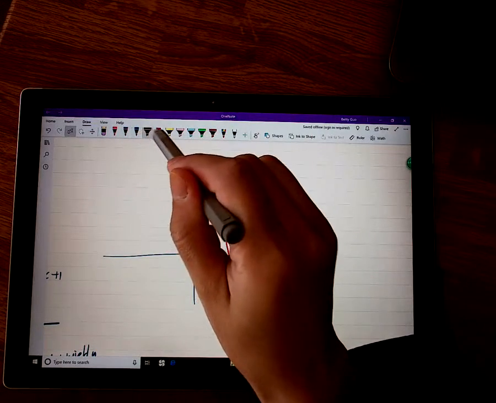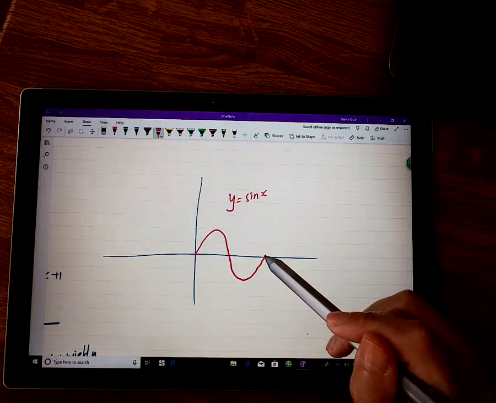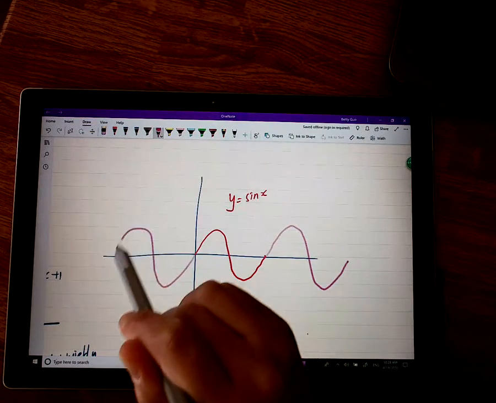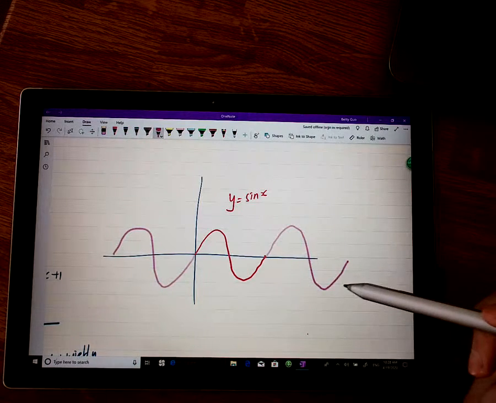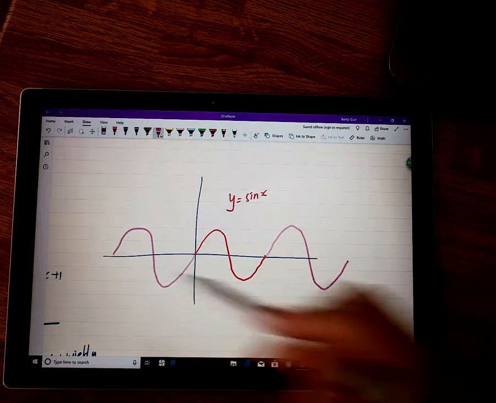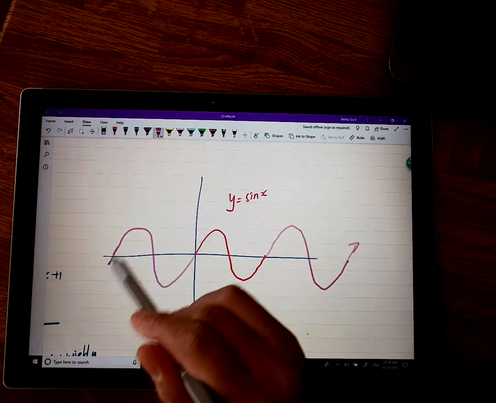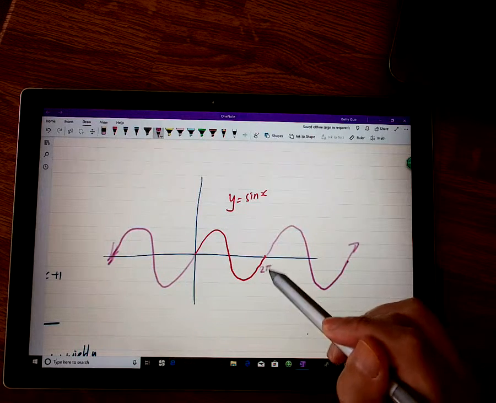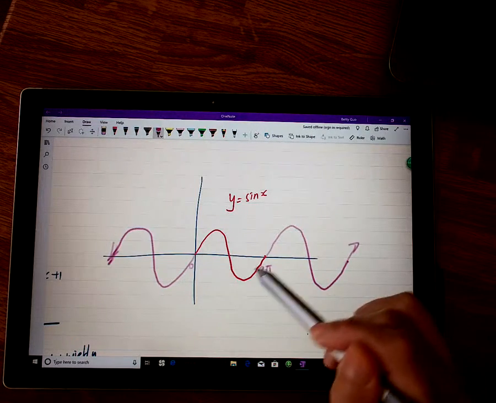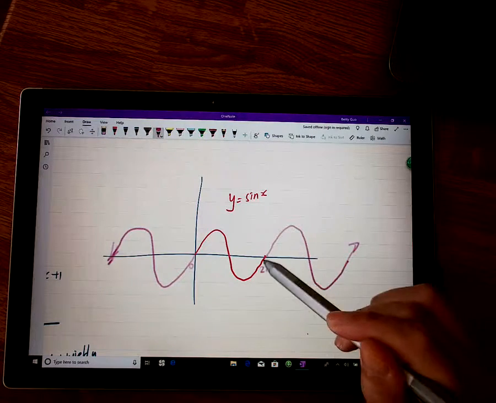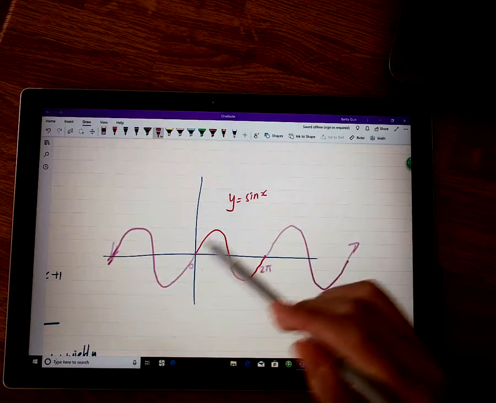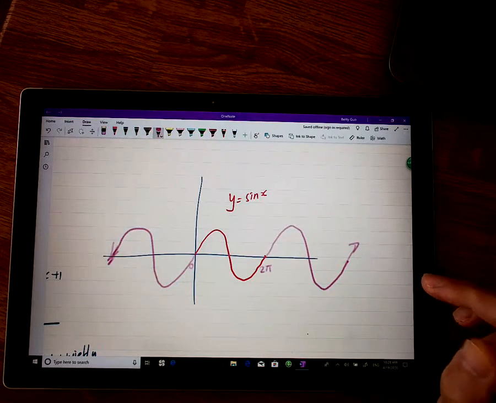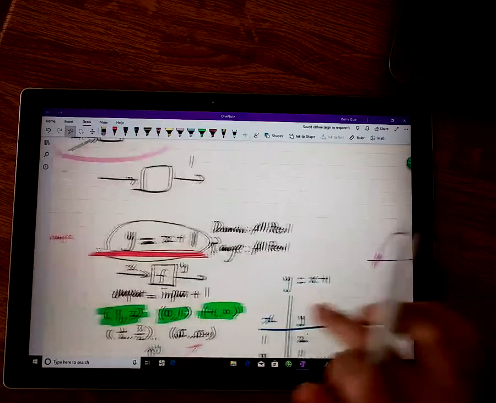Actually, we could continue the function this way, and it is still a function because it would pass the vertical line test forever. So this is a periodic function. For every 2 pi, this is 0, this is 2 pi. For every 2 pi, the function repeats itself. So would that be okay for you to understand a periodic function?